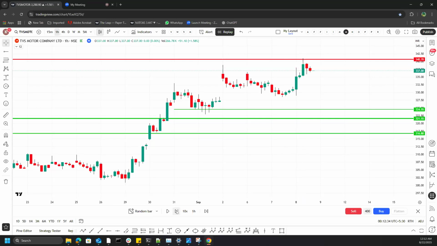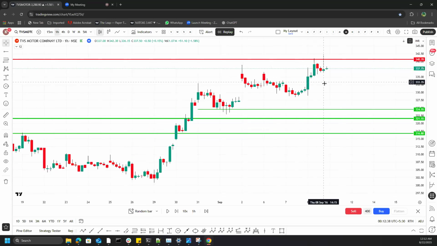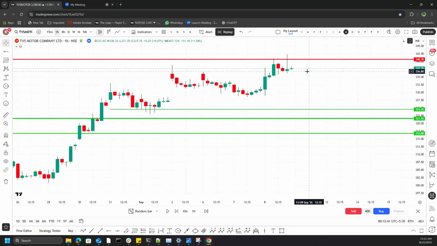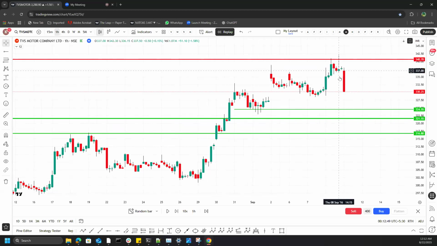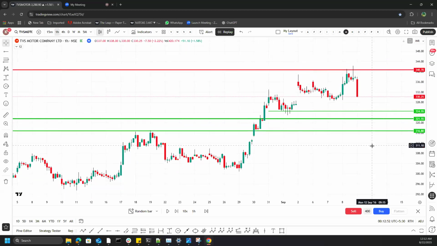So let's see up to that bottom. Okay, again this inverted hammer is also confirming it's a huge resistance. The very next candle, it is trying to come down. Yeah.